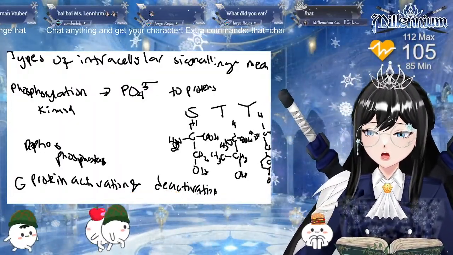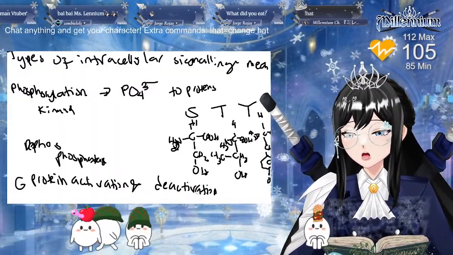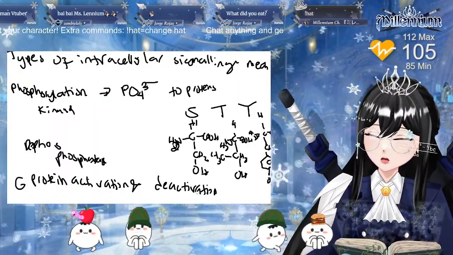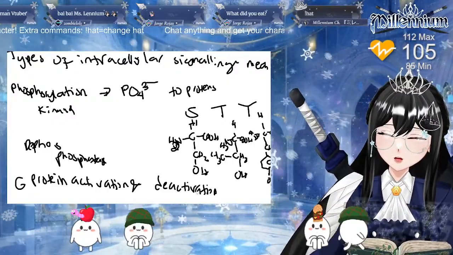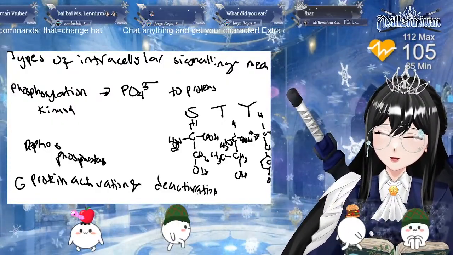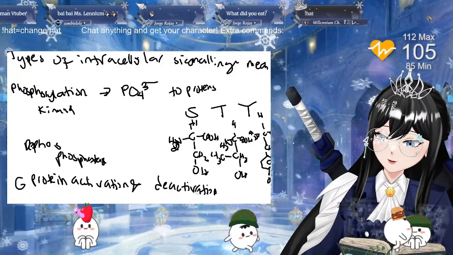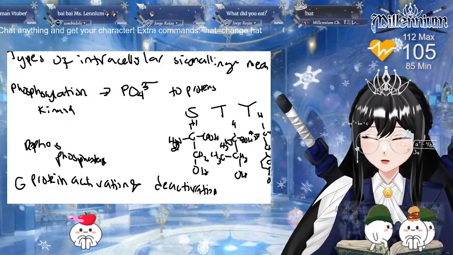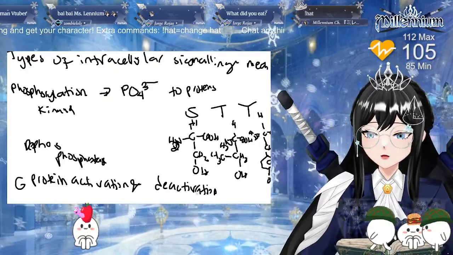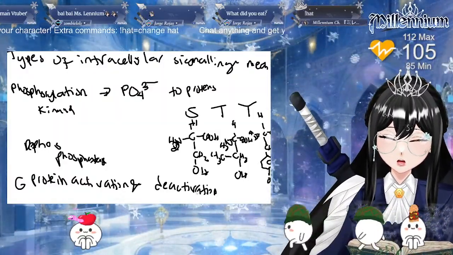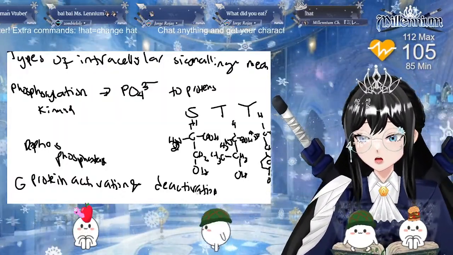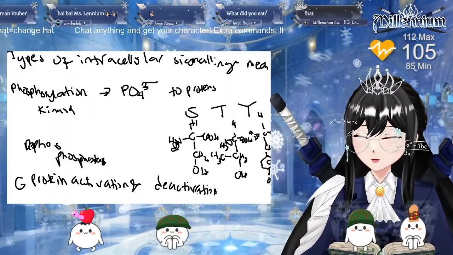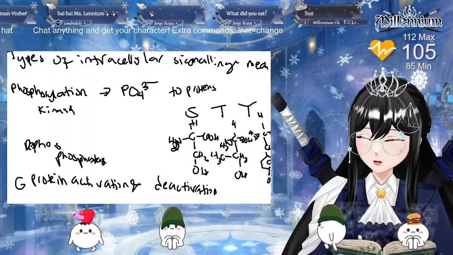GPCR talks to the alpha subunit of the G protein, which has the alpha, beta, and gamma. The alpha subunit would then activate your adenylyl cyclase or phospholipase C. And then to deactivate it, it's just a normal GTPase activity, hydrolyzing the GTP to GDP. And G alpha would then reassociate with your beta and gamma.